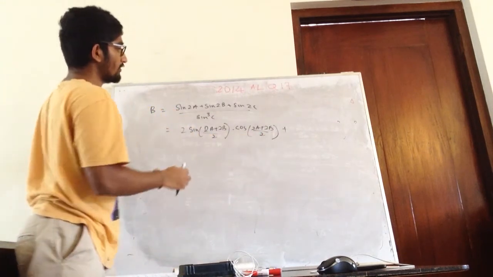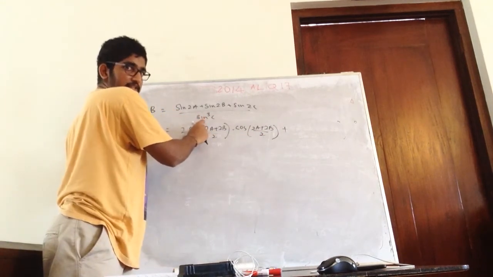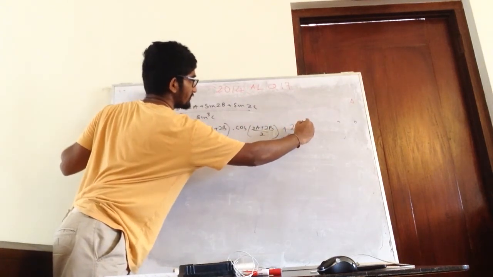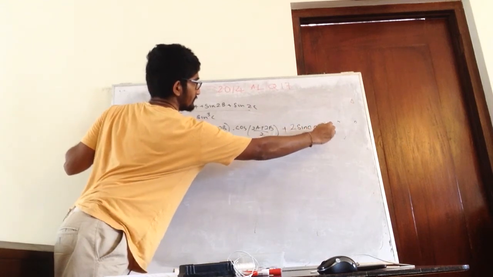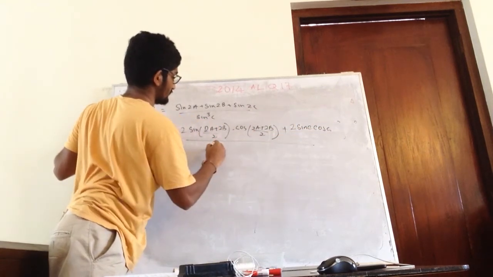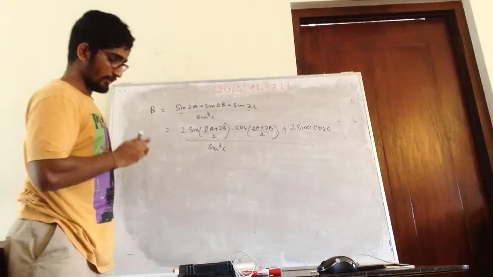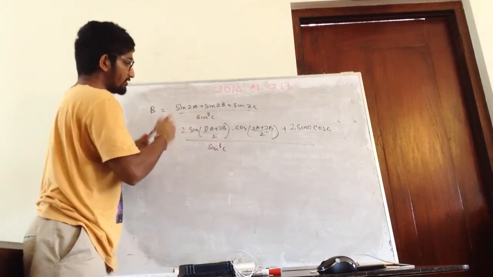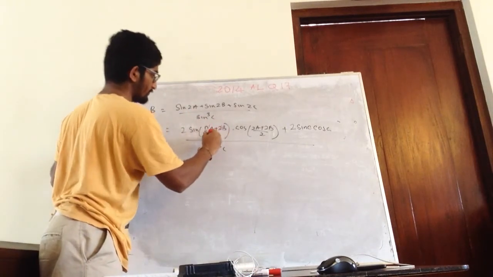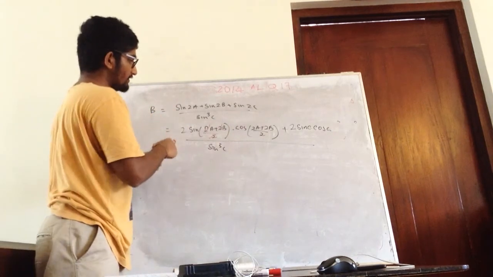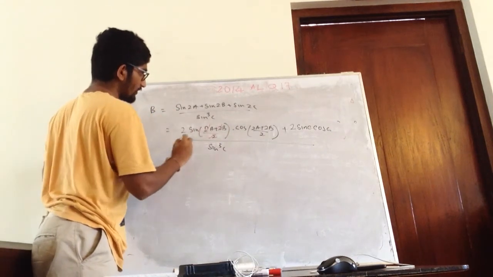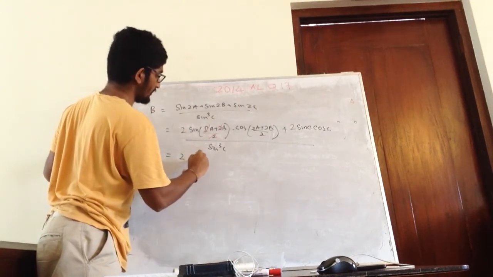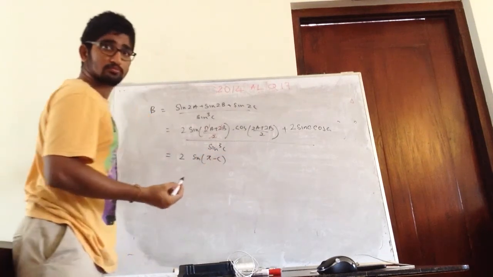Furthermore, because there is a sin cube C here, I'm going to expand this as well. So here we get sin (A plus B). What is sin (A plus B)? So now I can write sin (A plus B) as 2 sin (pi minus C). Correct?